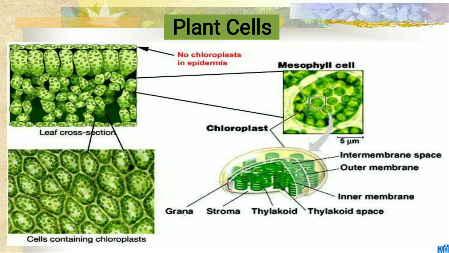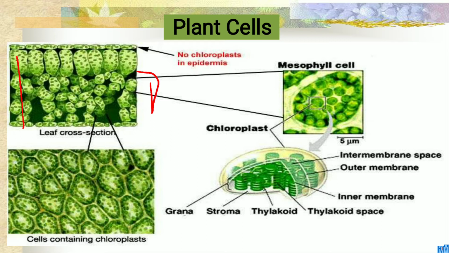Next, the plant cell. The plant cell is the photosynthesis apparatus. You see this is the leaf cross section, and these are the mesophyll cells.